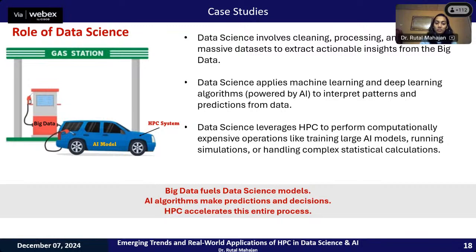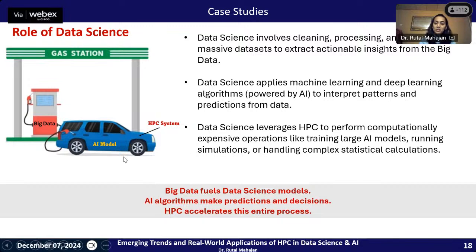How good we can train that model depends on the training data. If we are training this model on large training data, we require good computation power. So there we require HPC to perform computationally expensive operations like training.